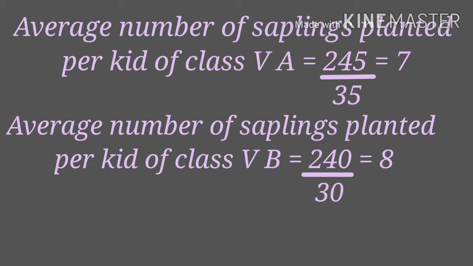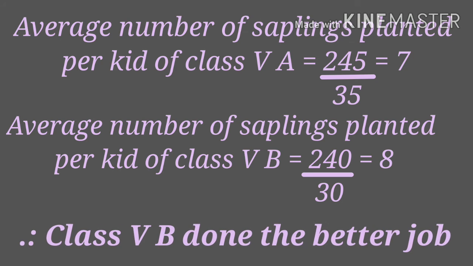Average number of saplings planted per kid of Class 5B is equal to 240 by 30, where 240 is the number of saplings planted by Class 5B and 30 is the number of students in Class 5B, that is equal to 8. Therefore, we can conclude that Class 5B did the better job.